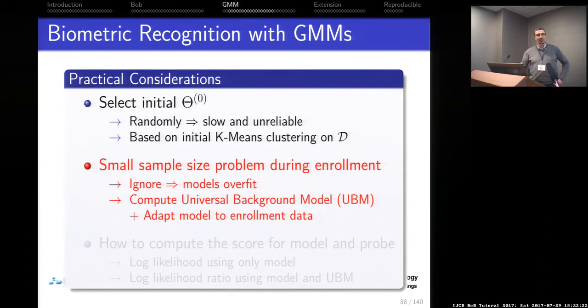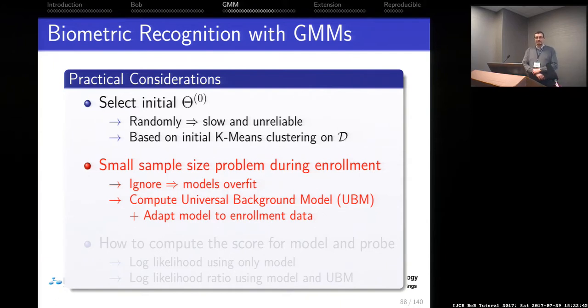That's when you stop. Practically, you usually stop after a couple of iterations. In this two-dimensional example, it's very fast to converge, but in higher dimensions, it's a little bit more complicated. So usually you either stop after a certain number of iterations or after some criterion is below a threshold.